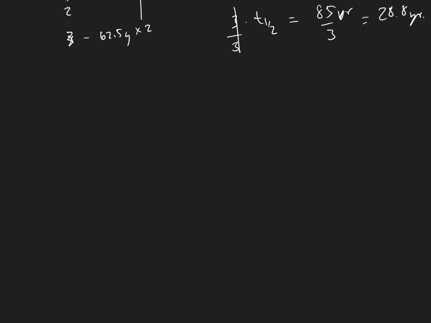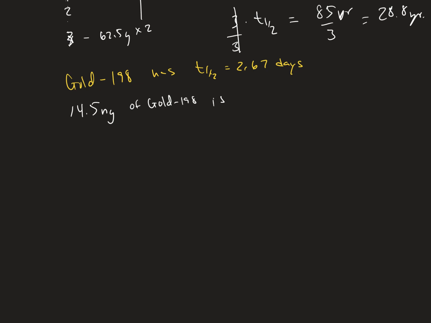So let's say we have gold-198, which has a half-life of 2.67 days. So we know that 14.5 nanograms of gold-198 is used in a body to treat leukemia, for example.